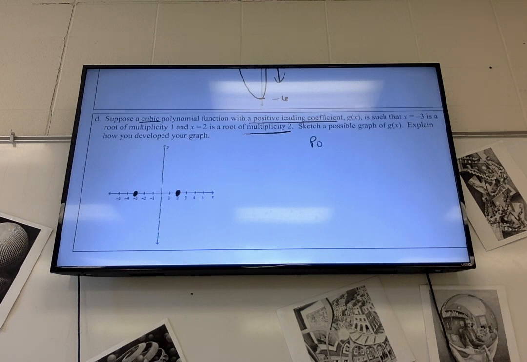So positive leading coefficient and cubic tells us what about the ends? It's going to go up on the right, down on the left. If it has a multiplicity of 2, what's going to happen?